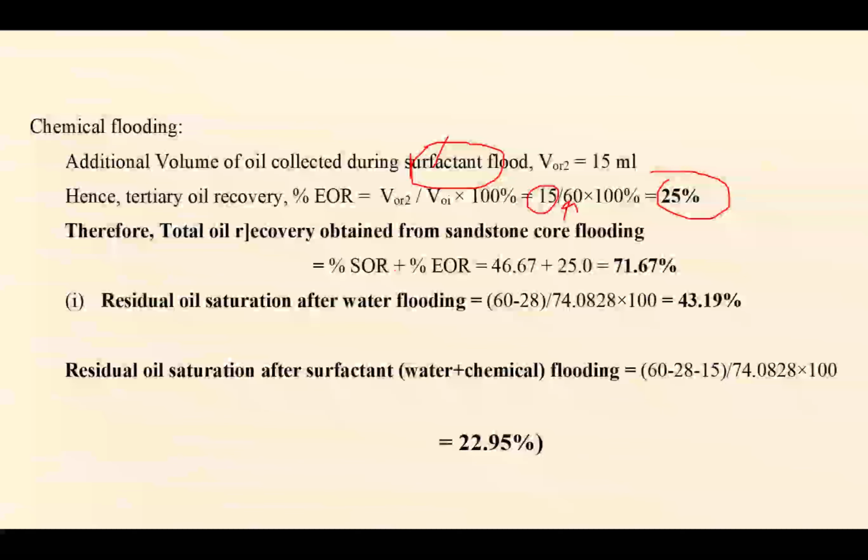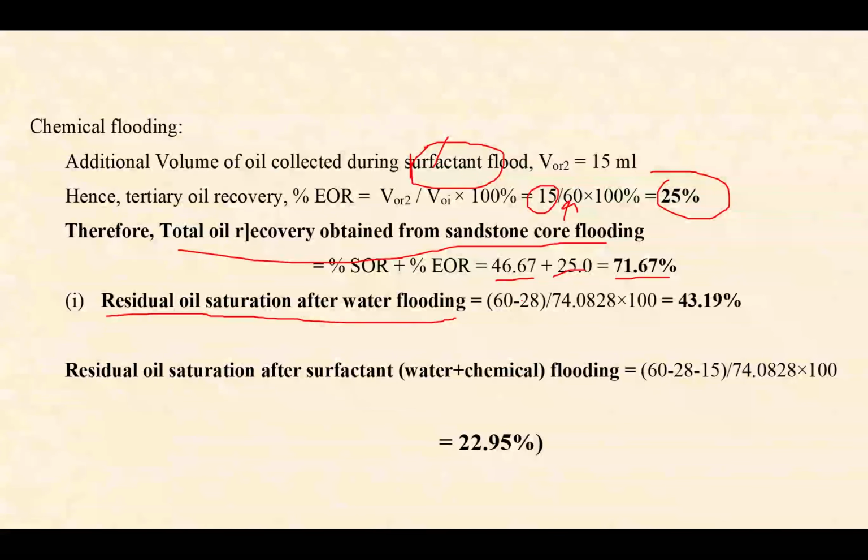And therefore the total recovery is your secondary recovery plus this, so it is 71.67% of original oil in place. And then you can get the residual oil saturation after water flooding.